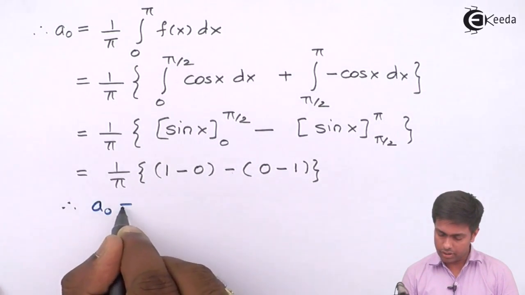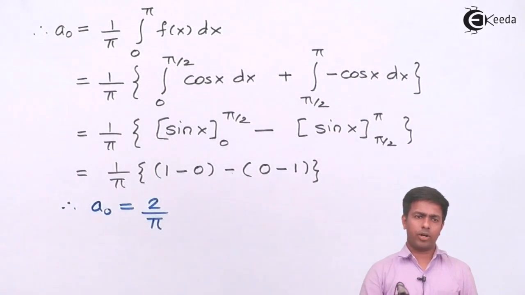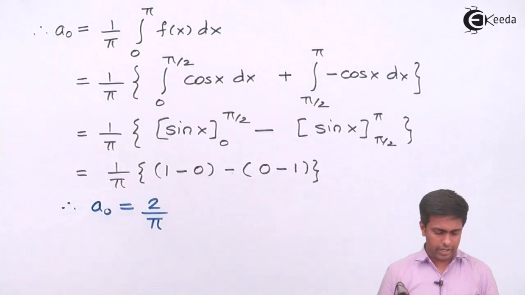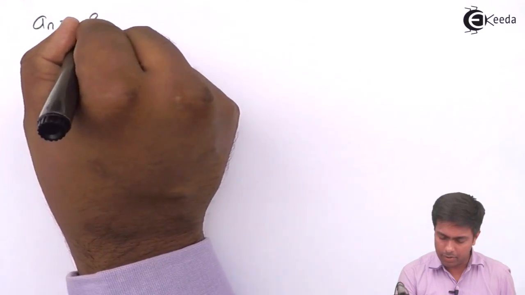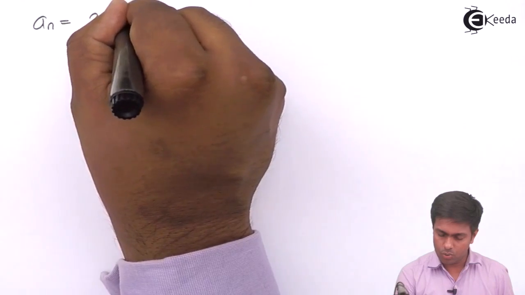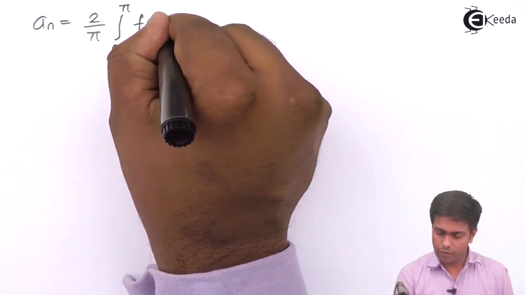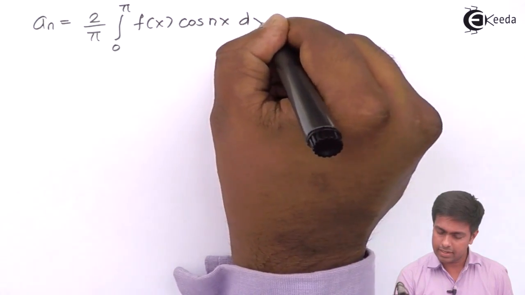Therefore a naught is equal to 2 by pi. So here I got a naught. Now let's find out the value of an. The formula for finding an is 2 by pi integration 0 to pi f of x cos of nx dx.